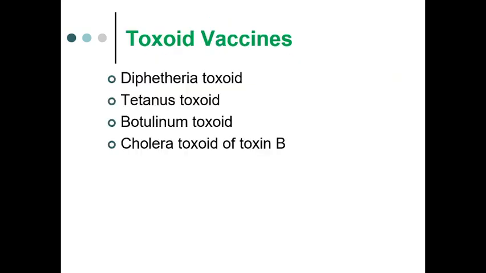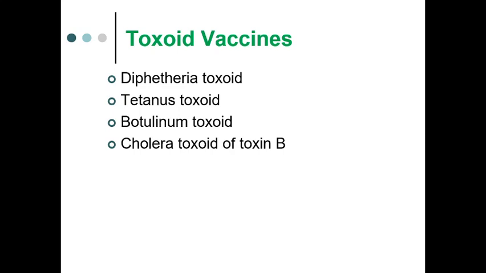Now coming to another type of vaccine, that is toxoid vaccines. The toxoid vaccines are produced from the toxins of bacteria. Some bacteria like diphtheria, tetanus, botulinum and cholera produce toxins which are exotoxins.